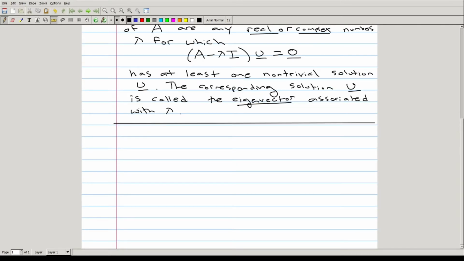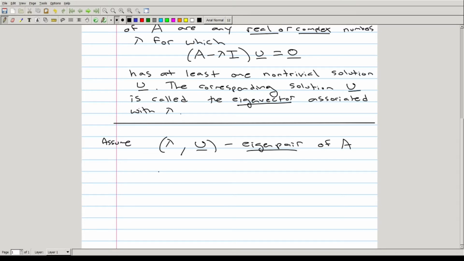And what I'll ask you to do is, consider an eigenvalue lambda along with the corresponding eigenvector U, which we call the eigenpair, or an eigenpair of A. So assume lambda is an eigenvalue and U is an eigenvector associated with the constant matrix A.